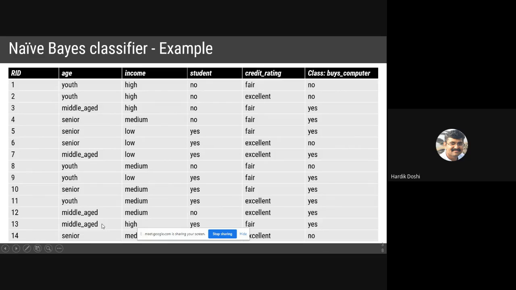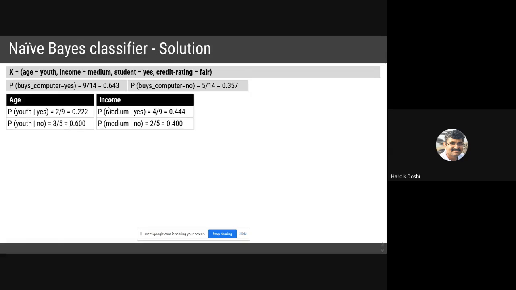See, how I am speaking is very important. Please listen very carefully. Rule 2 covers 4 tuples, 1, 2, 3 and 4. So the question arises, what is the coverage? How to calculate the coverage? Coverage is the number of tuples covered by the rule divided by the total number of tuples.